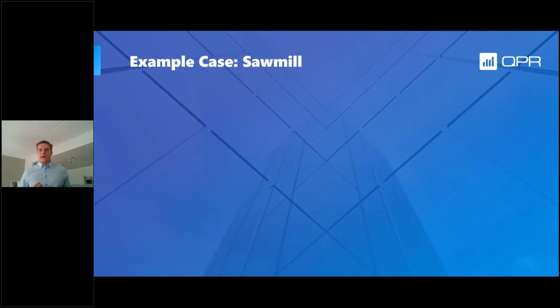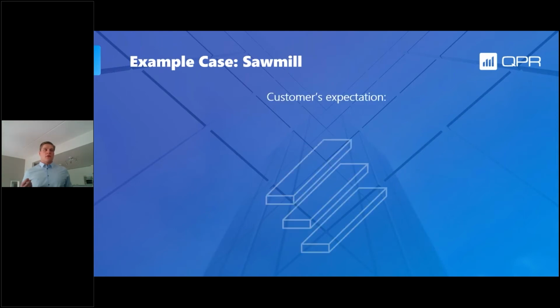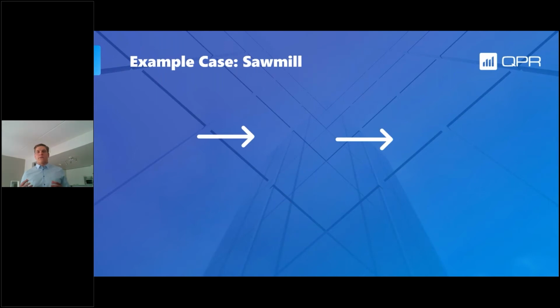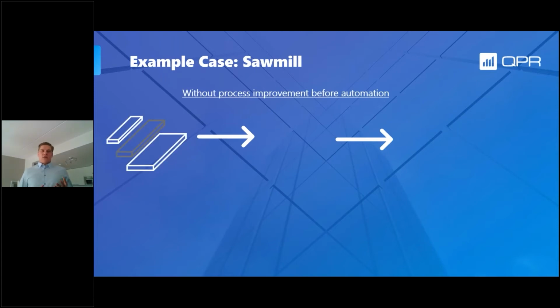So we take this sawmill, and what the customer expects is perfect size planks and of the correct wood type. And if we think about this kind of a sawmill production process, which would be creating this kind of planks, you can see that there are different sizes and different types, but you would only want to make planks of one particular size and one particular height, and you would choose.